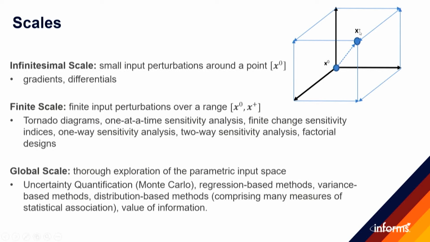Then what we can do is find another point, another scenario. If this scenario is far from X0, then we would have a finite scale, so you have a finite jump. If the new scenario, the perturbation, is very small around X0, we would have a local scale, so infinitesimal, a perturbation, a gradient. And if you want to inspect the entire box here, that is what we call the global scale.